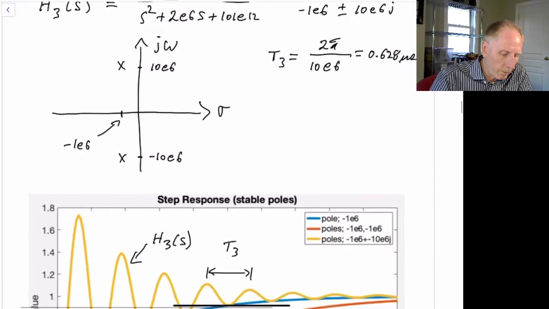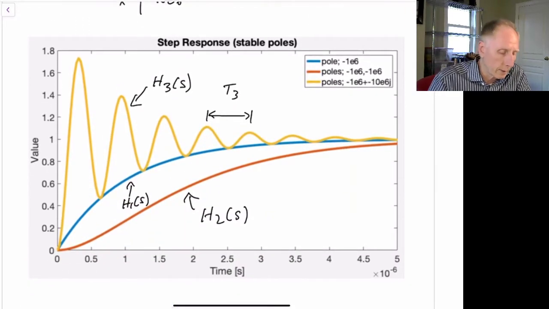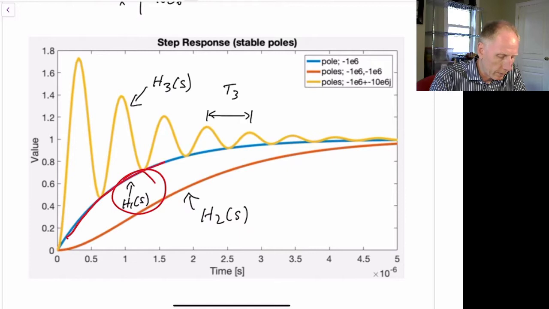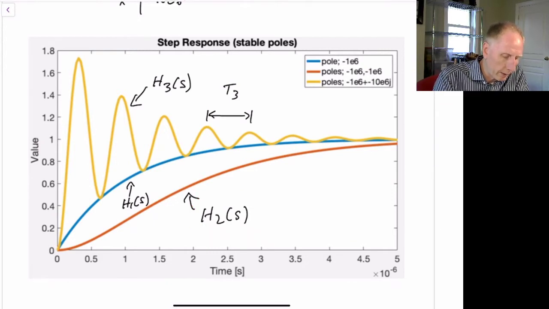Now if we plot the step responses for all three, we get a curve that looks like this. So we see H1 is shown here. It's the blue line, which just comes up like that. H2 is shown here. H2, recall, has two poles at minus 1e to the 6th and minus 1e to the 6th. And so the step response for that looks like this curve, which is the red curve here.